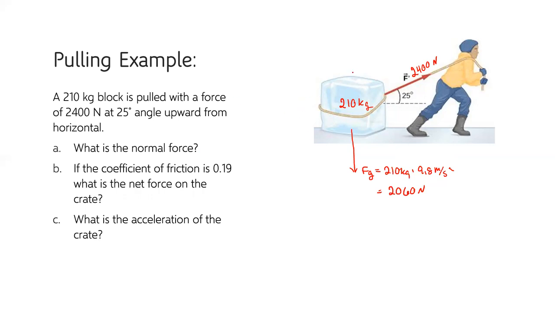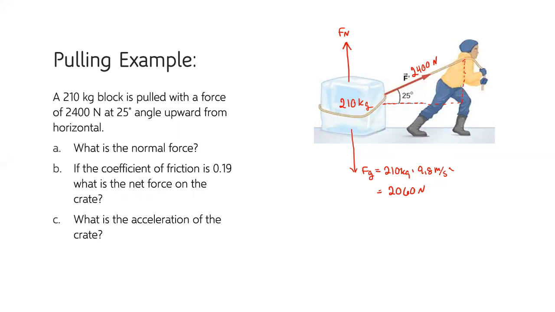So we'll fill in some more arrows. We have a normal force, but in this case, normal force is not the same as gravity because we have an angle here. So let's deal with our angle. If we take this force, it goes forward, pulls the block forward, plus it also pulls the block upwards, okay?